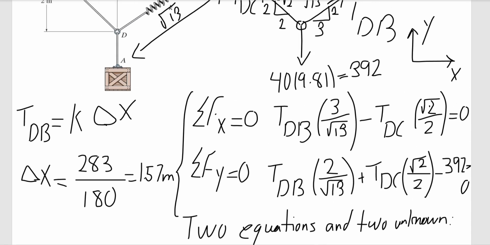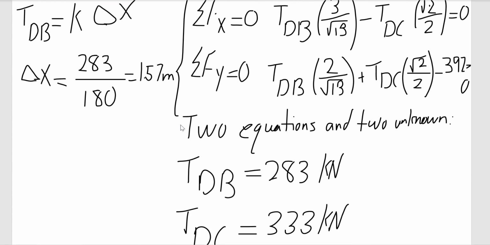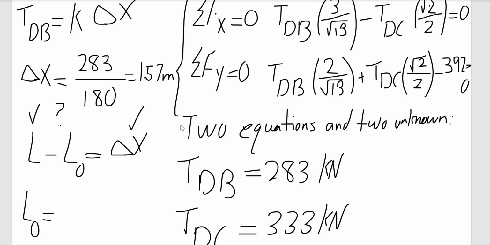Now that we found delta X, we found the deformation. We have the final length, we have the deformation, we can find the initial length. So we know final length minus the initial length would be the deformation. Now we have delta X, we have the final length, we can find the initial length, L naught. So that would be L minus delta X. What is L?